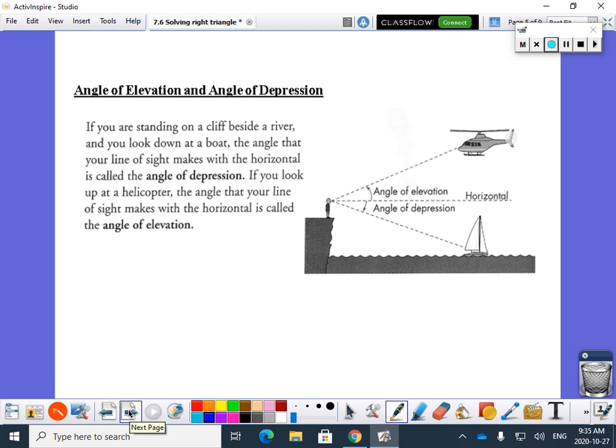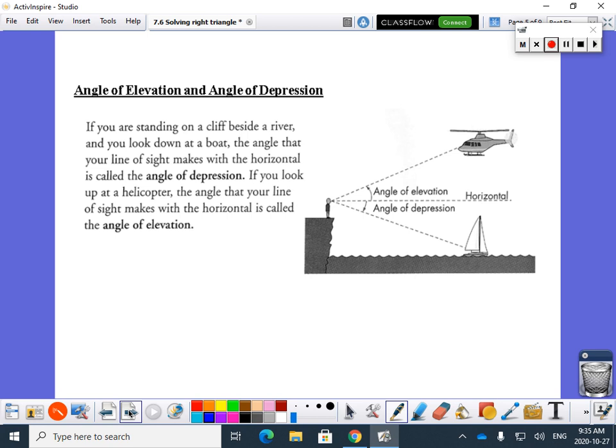Okay, so you're going to have questions that ask you for the angle of elevation and the angle of depression. Before we actually go and do those types of questions, you need to understand what that means. It says here, if you are standing on a cliff beside a river, so here's this person standing on a cliff beside a river, and you look down at a boat, the angle that your line of sight makes with the horizontal is called the angle of depression.